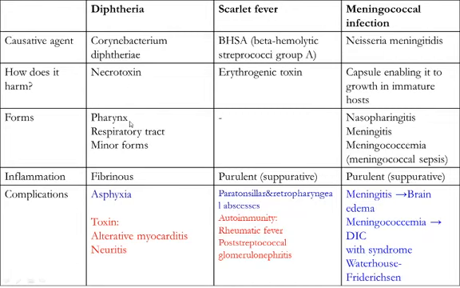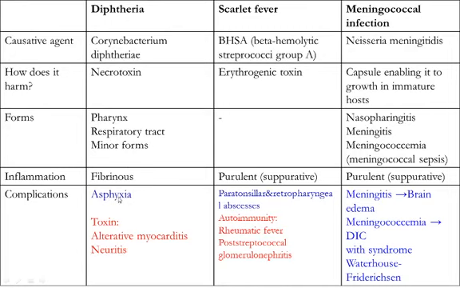It might be in the pharynx, in tonsils, then in the respiratory tract, and some minor forms, like I have shown, in wounds, in the genital tract, and so on.